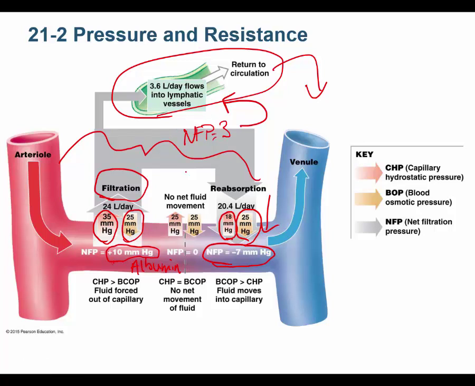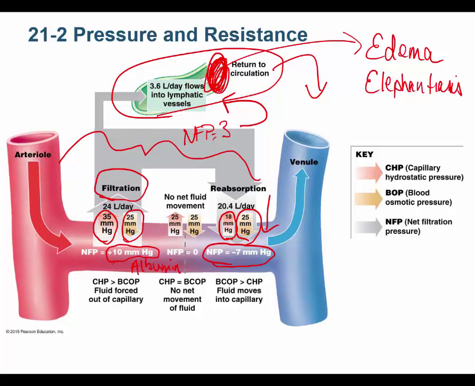So yes, I have a net filtration of water out of my blood into my interstitial fluid, but my lymph system returns it. And this is why when you have worms that clog up your lymph systems, it leads to edematous conditions, edema, fluid building up in your tissues, called things like elephantiasis and filariasis.